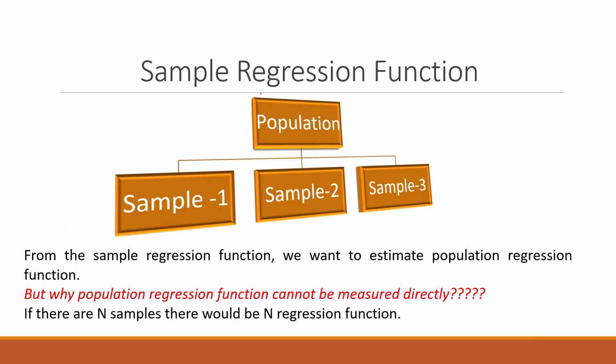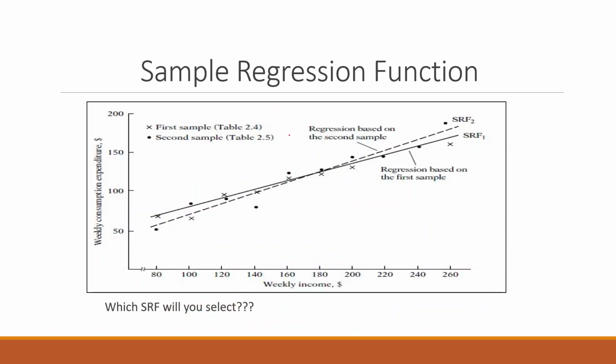Now I want to estimate the sample regression function based on the population. It may be possible that I draw 2 or 3 samples from the population, and I try to make the sample regression from these different samples. Because of this, I may get different regression functions.